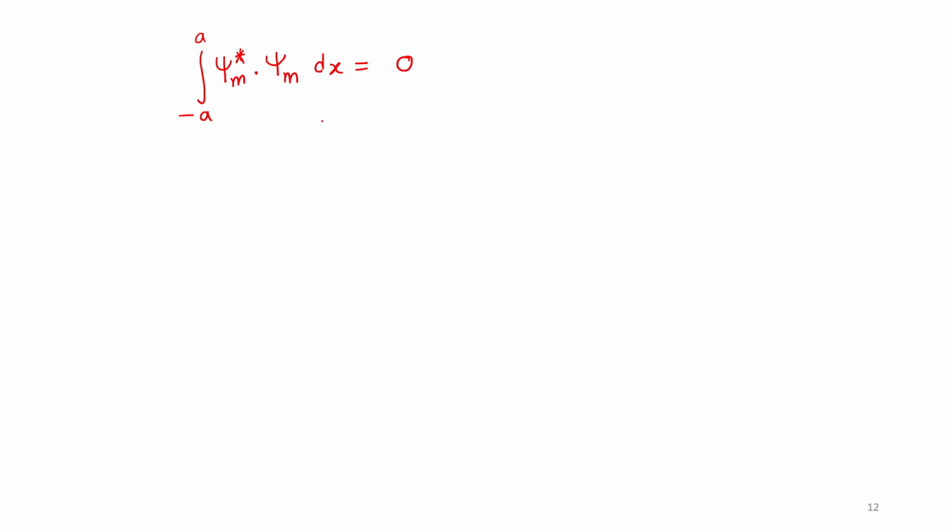What does this mean? This means this is an orthogonal set also, an orthogonal function. Earlier we proved it is normalized; now we are proving it as orthogonal.